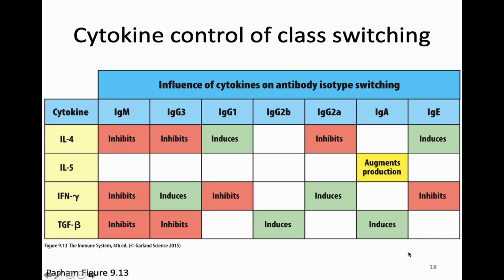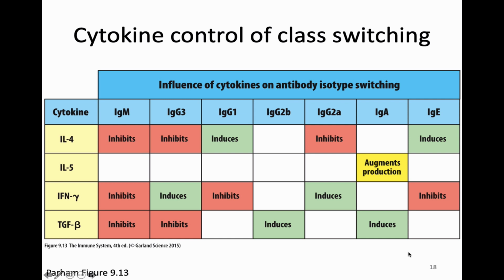Different cytokines made by different subsets of CD4 positive T cells can alter which isotype our B cells will switch to. We sometimes do talk about certain subsets as being important for B cells, but what you can see is that the IL-4, for example, that comes from a Th2 cell might induce a B cell to make IgG1 or IgE, whereas interferon gamma coming from a Th1 cell might induce IgG3 and IgG2a production.